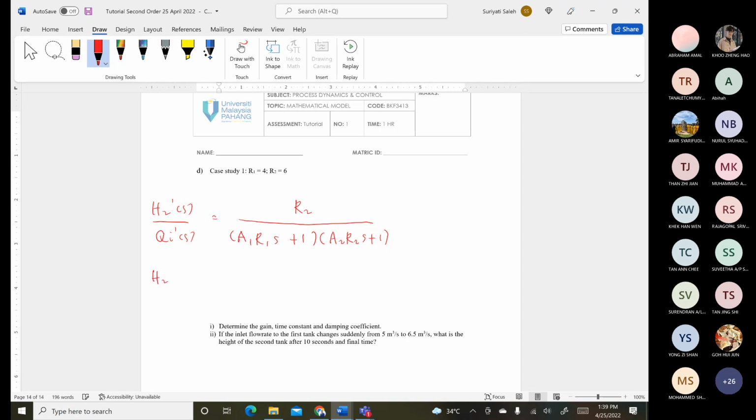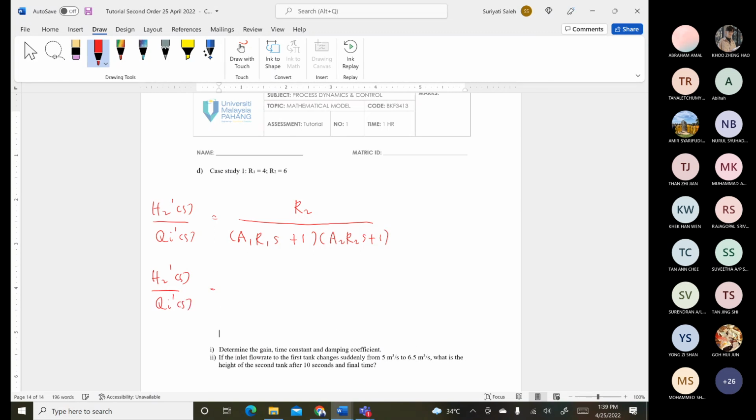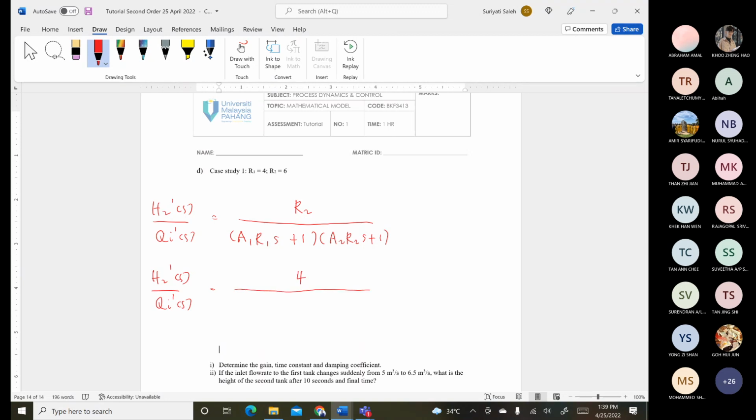So your equation becomes R1 still 4, over 2s plus 1, and then A2R2 will be 6 multiplied by 0.5, 3s plus 1.